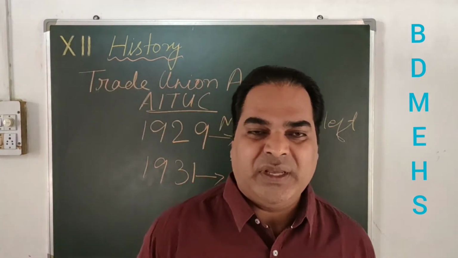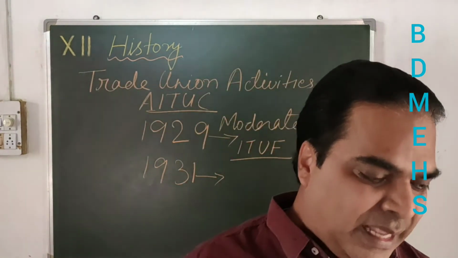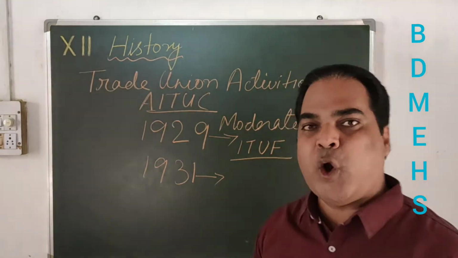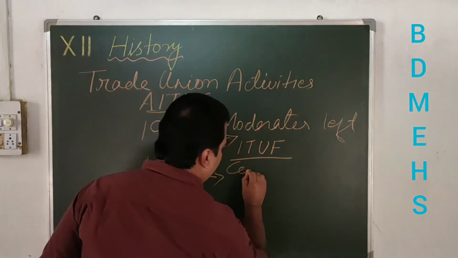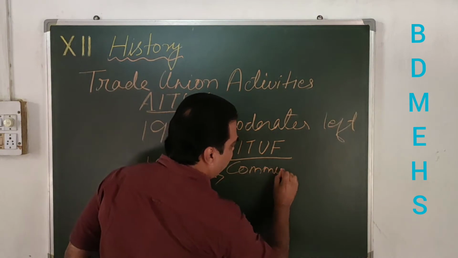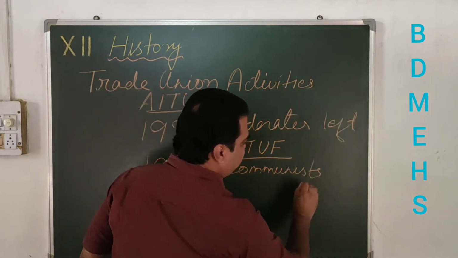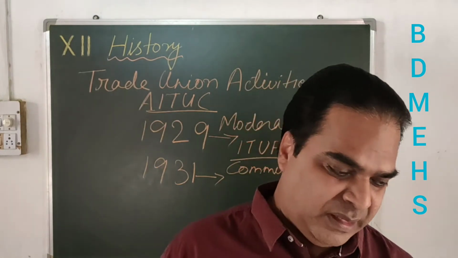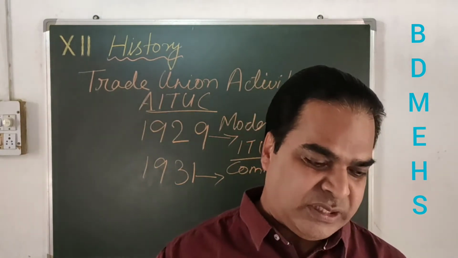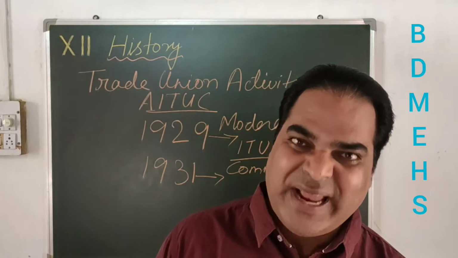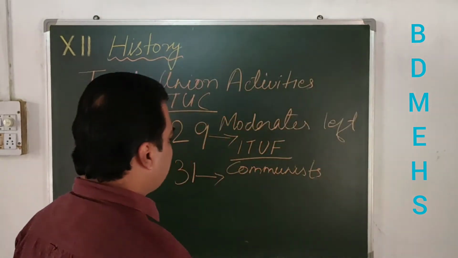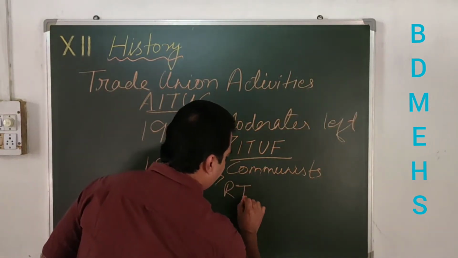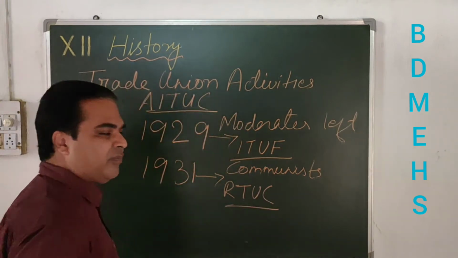Then again in the year 1931, the Communists left the AITUC and formed the Red Trade Union Congress.